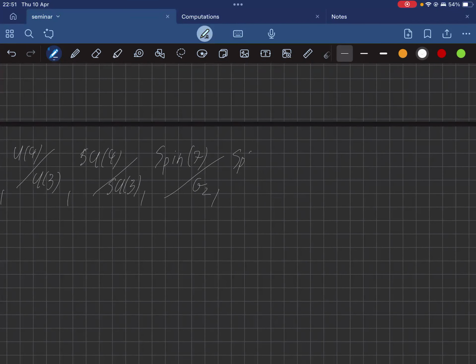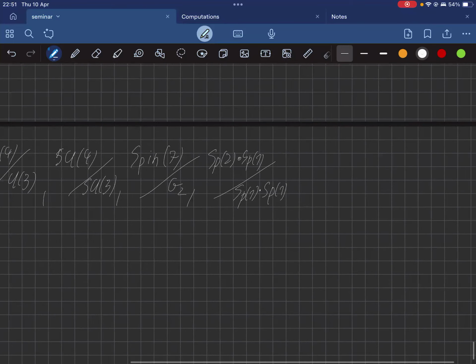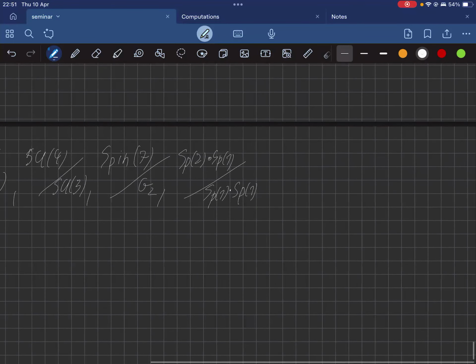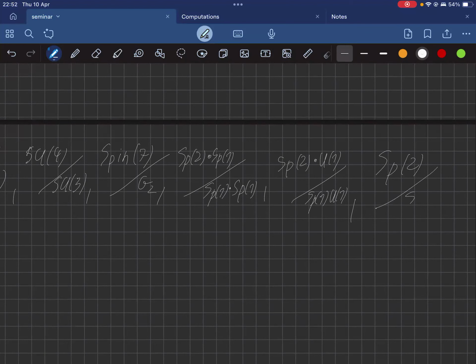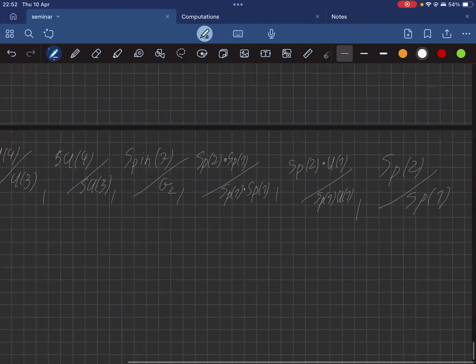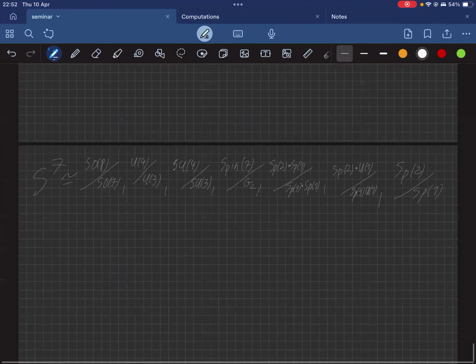So that's Sp2 dot Sp1 over Sp1 Sp1. This dot just means the usual product of groups modulo Z2, but that would be too many Z2s, which I don't want to get overwhelmed by. Sp2 U1 over Sp1 U1. And the last one is Sp2 over Sp1. Okay, so these are all the possible homogeneous structures on the sphere.